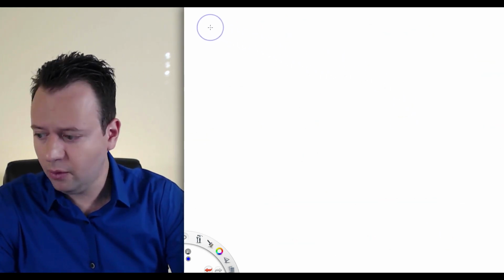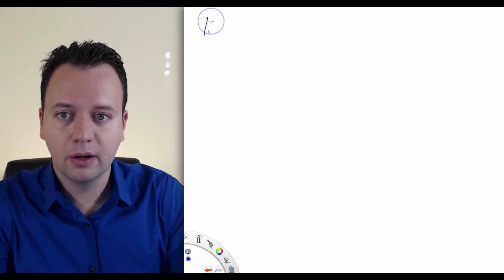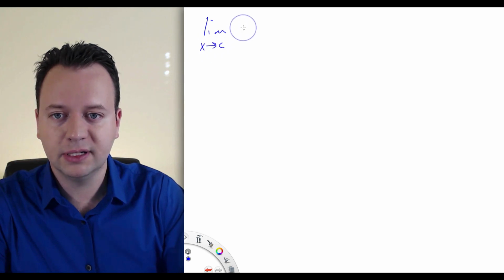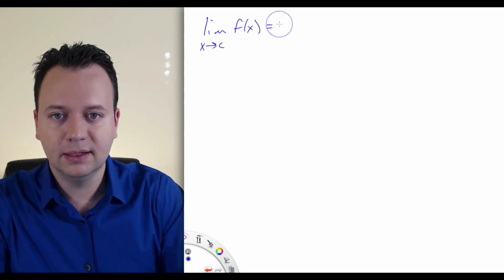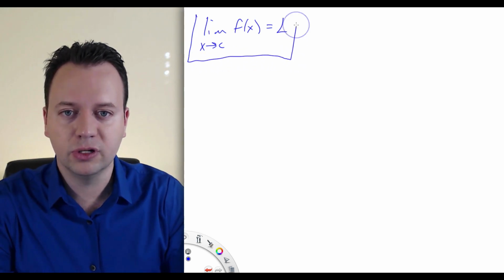So now that we have that one down, let's look at the definition for the limit as x approaches c of f of x is equal to L. So no longer the limit as x approaches infinity, but as x approaches c.